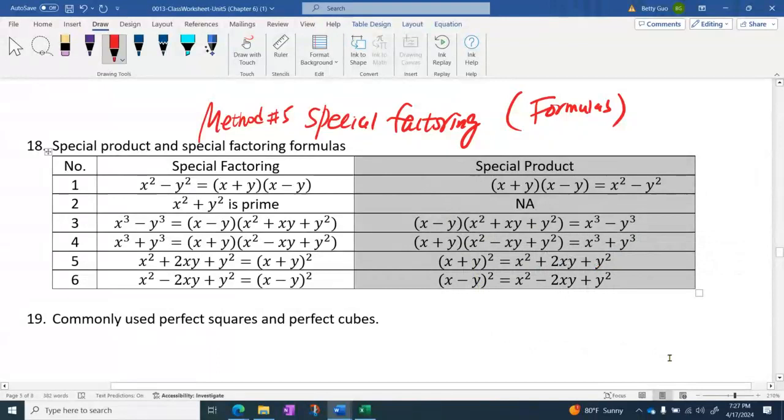We actually learned those formulas in chapter 5. You guys actually helped me to prove those formulas right after we learned the box method. Do you remember those?